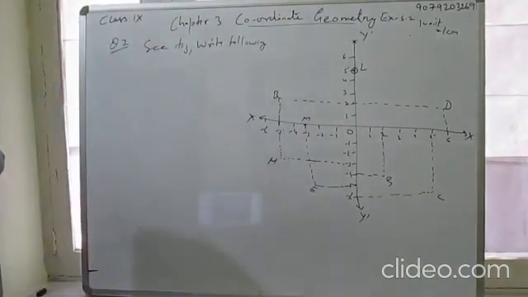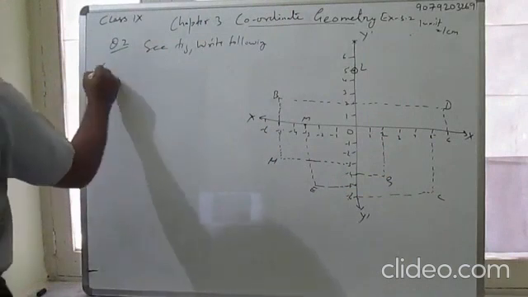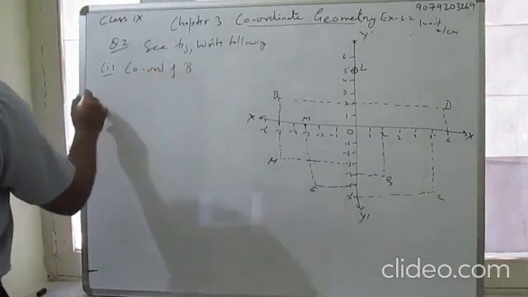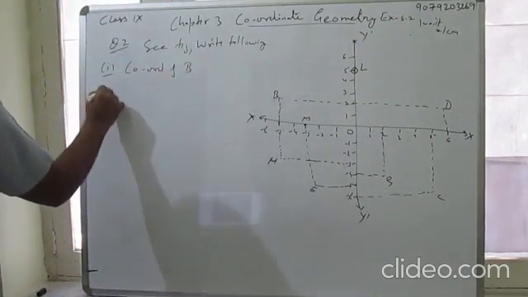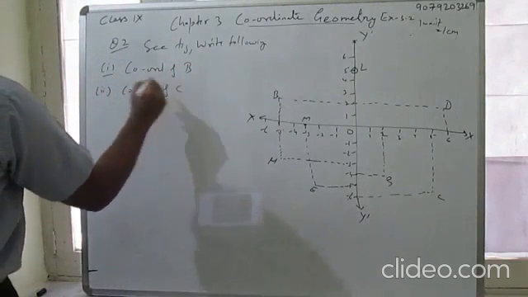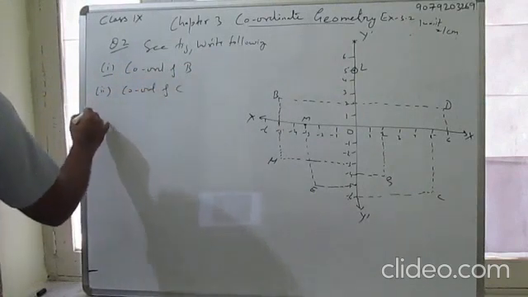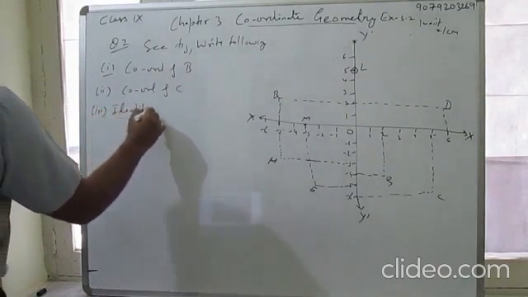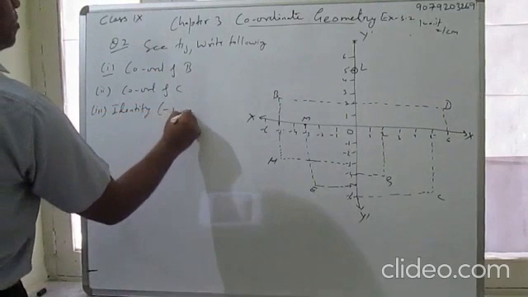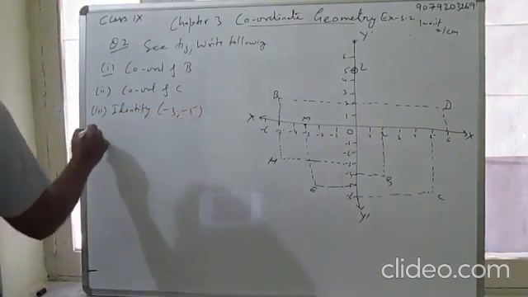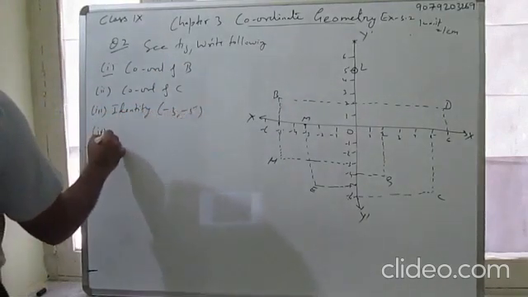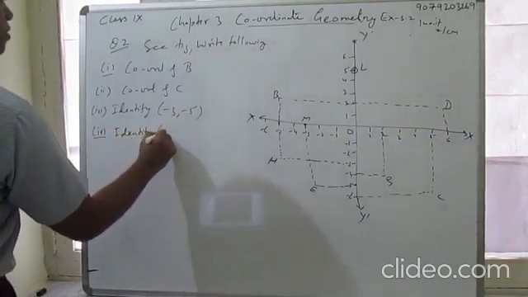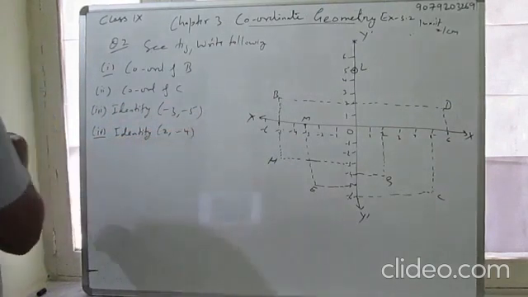Now you have to identify first the coordinate of B, second the coordinate of C, identify the point with coordinate -3, -5. Fourth, identify 2, -4.